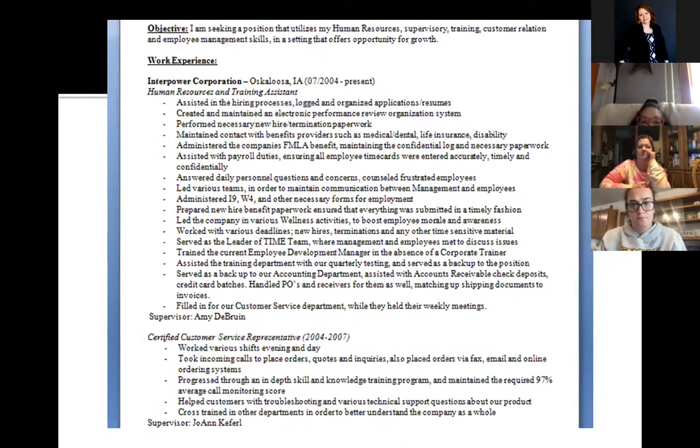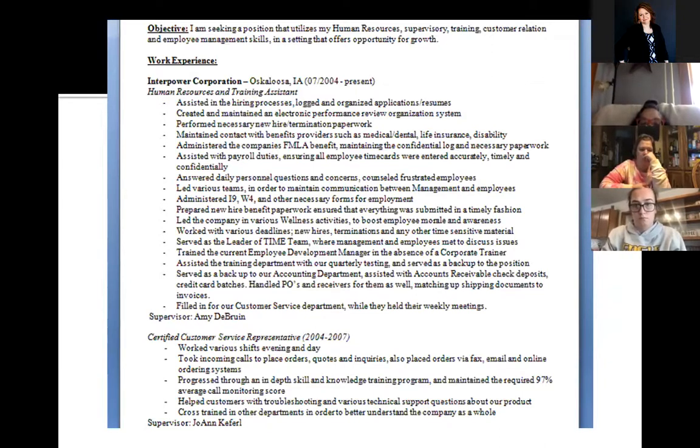So say you work somewhere for a really long time. I worked at InterPower. I was most recently the human resources job. And then before that, I was a customer service rep. So within that same job, I put all those different duties, but just tried to specify the difference between those.